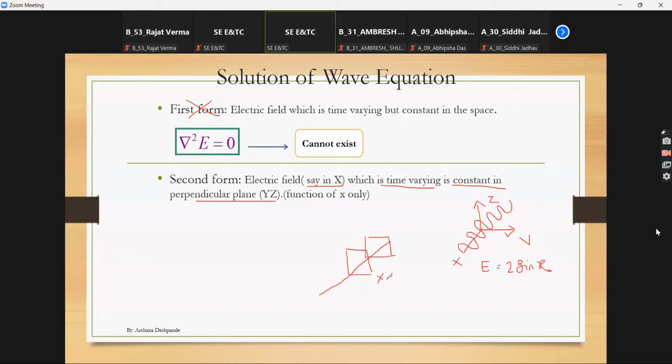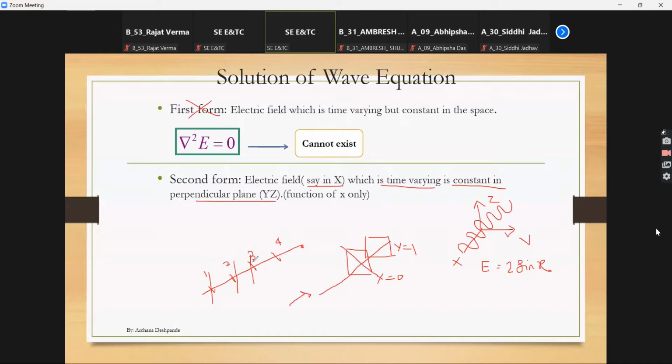Let's say x is equal to 0 is this yz plane, and this yz plane is x is equal to 1. So if you consider this is the x-axis, this is the origin. This is 1, 2, 3, 4. So these yz planes are crossing. These are yz planes. If you look from here, you will only see this line.